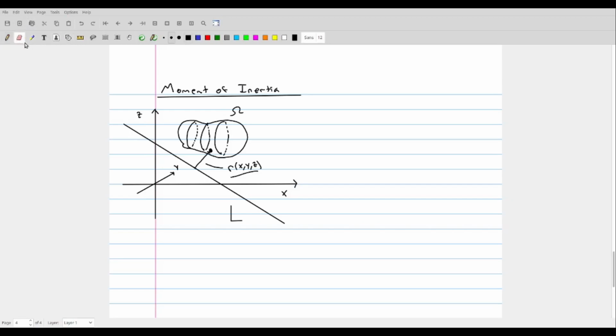Actually, instead of r, I think I'll use d, which just stands for distance from the surface. It's a function. At any given point, you have a different possible value of d of x, y, z. The distances for any given point in our region omega are going to be different.